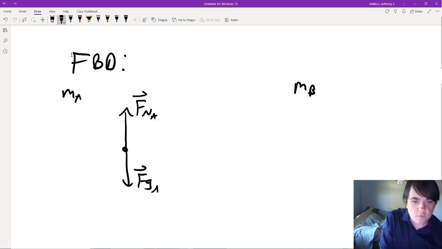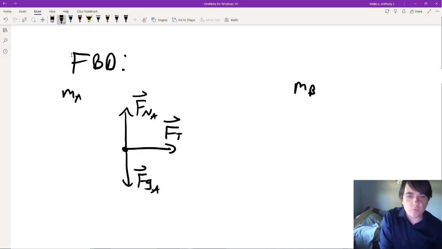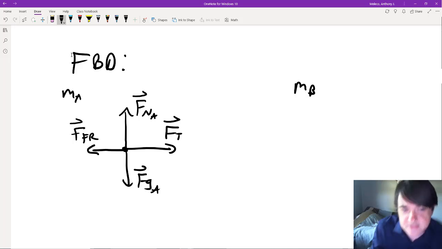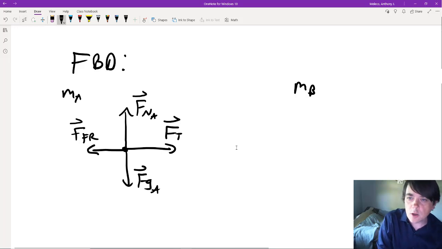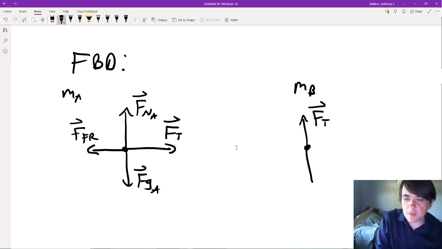We have tension, with tension being the same for both, so I don't need a subscript. The one thing that changes is because it's going to be pulled to the right, we now have the force of friction, which I'm not going to add a subscript to because MB won't have friction because it's just hanging. So MB will look like this: Ft pointing up and then gravity pointing down.